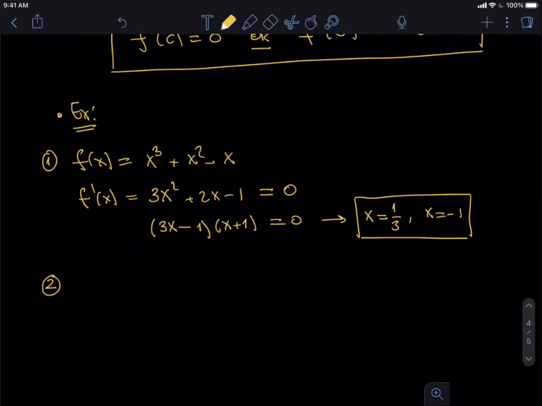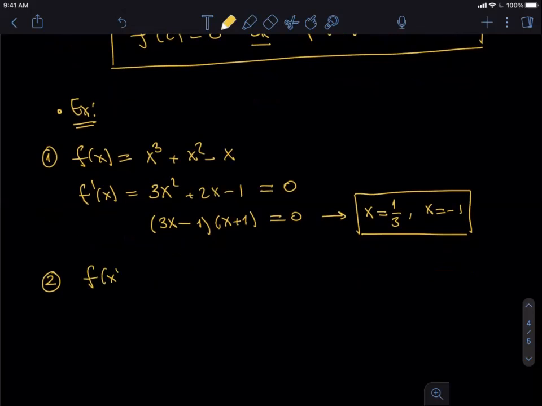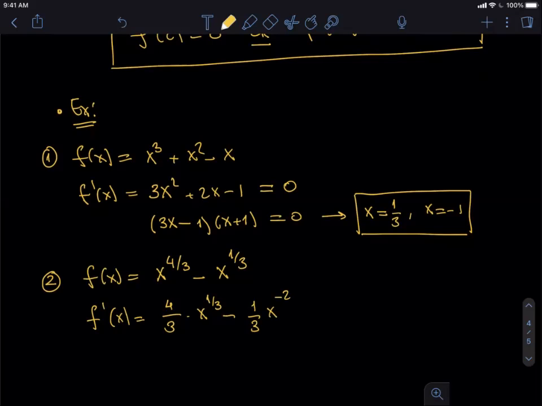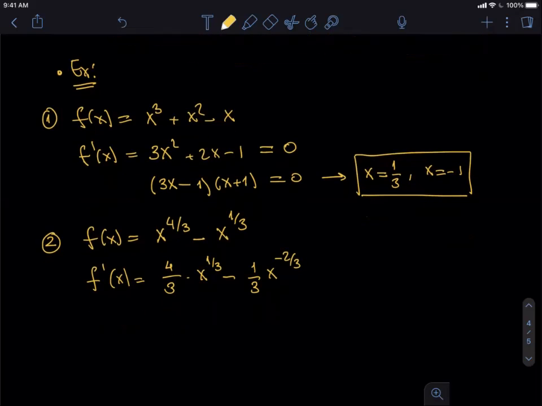But now, how about the function f of x that is x to the 4/3 minus x to the 1/3? In this case, we can compute the derivative: 4/3 x to the 1/3 minus 1/3 x to the -2/3.